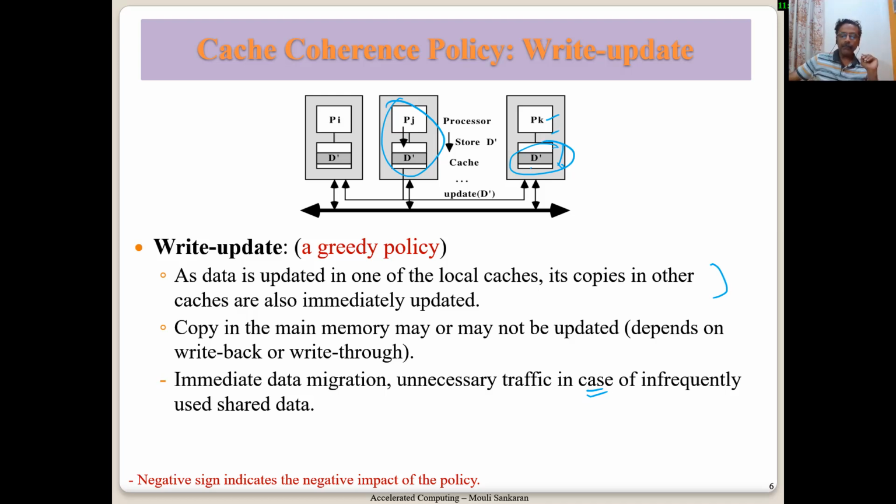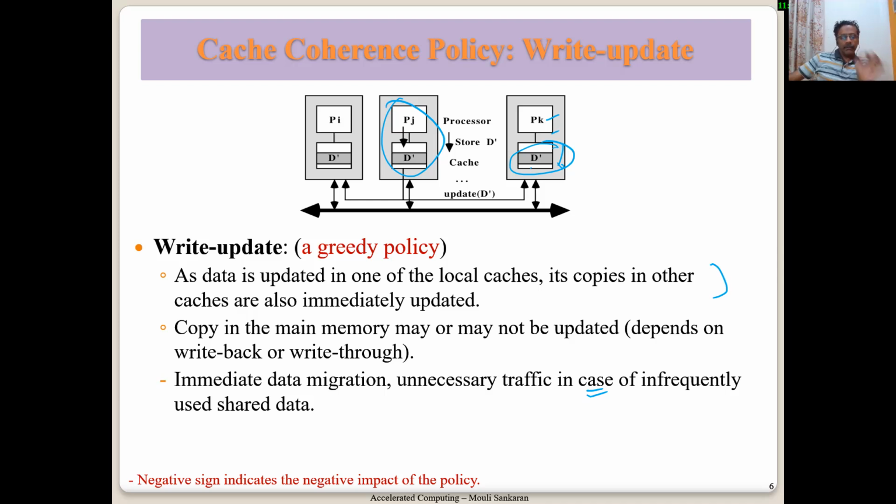If it is a write through policy, you will see write back or write through is always with respect to memory. Write update or write invalidate is with respect to the copies of entries in the other caches. So you need to know the difference between these two. Write through or write back is with respect to a cache copy and the memory, and write update or write invalidate is with respect to the multiple copies of the same data available on different cores.